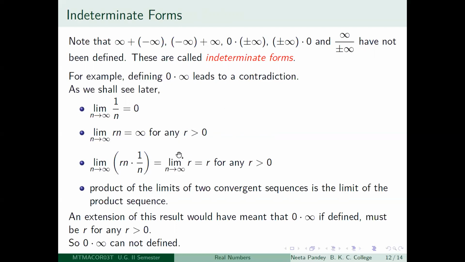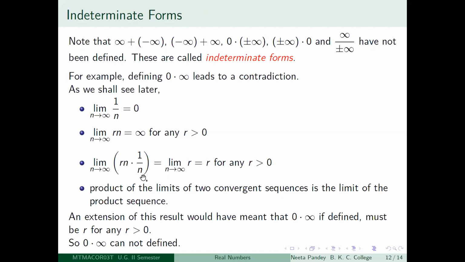Think of R as some number 2 or 3 or 4. Take them positive integers if you like. So this sequence is going to diverge, and we write it like this: limit n tending to infinity of Rn is equal to infinity.